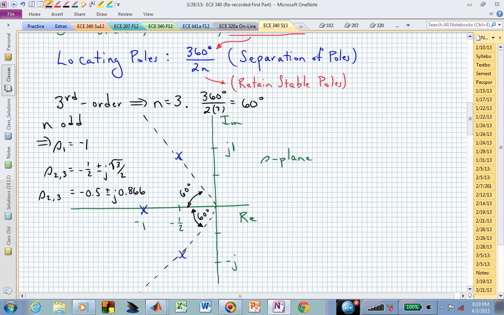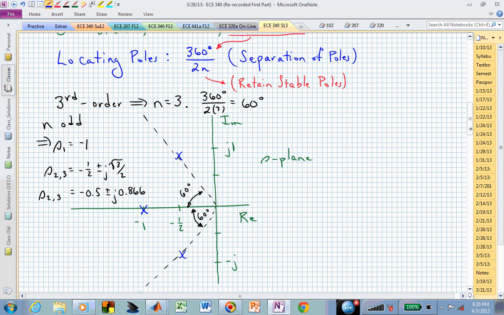Using trigonometry, the real part is going to be the cosine of 60 degrees, which gives us 1/2. Since we are retaining the stable poles, we are in the left half plane. Those two complex conjugate poles will both have a real part of -1/2. Their imaginary part is going to be the sine of 60 degrees, which is the square root of 3 over 2.